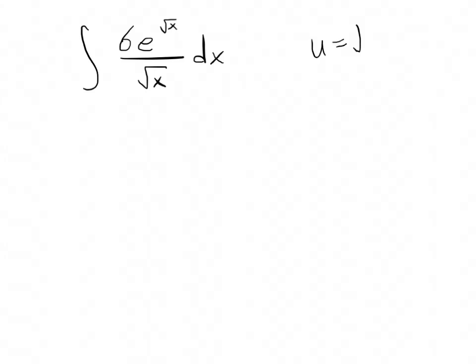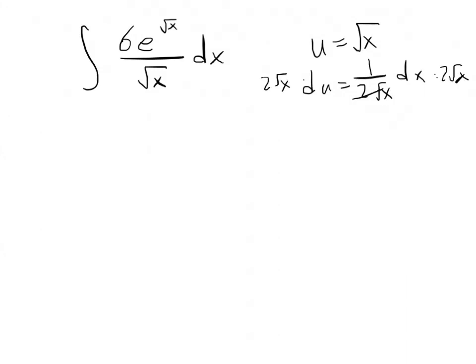If I make my u the square root of x, that means my du is 1 over 2 root x dx. And we've talked about this specific problem before. If you want to get dx alone, you should just multiply both sides by the 2 root x. So if you multiply this side by 2 root x and this side by 2 root x, these will cancel. You'll end up with 2 root x du equals dx.